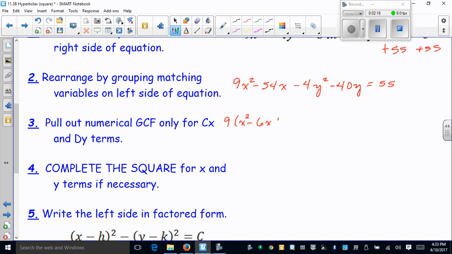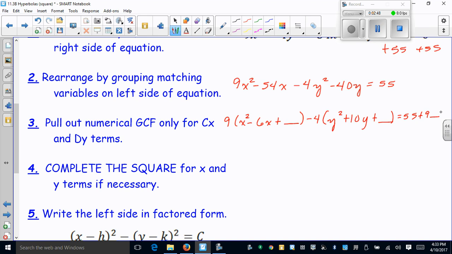So minus 4 y squared, 40 divided by 4 gives us 10, but they're both negative, so plus 10y plus some number equals 55 plus 9 times some number minus 4 times some number. Yes, I did run out of room there.